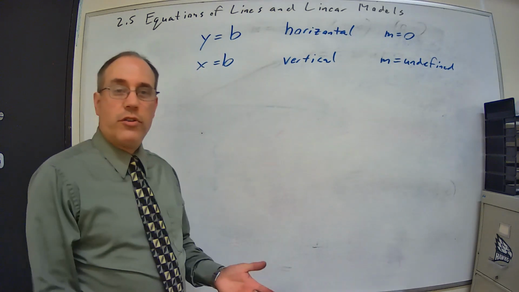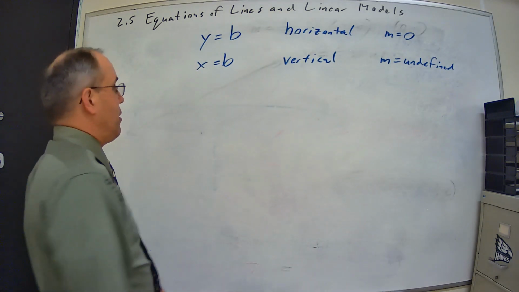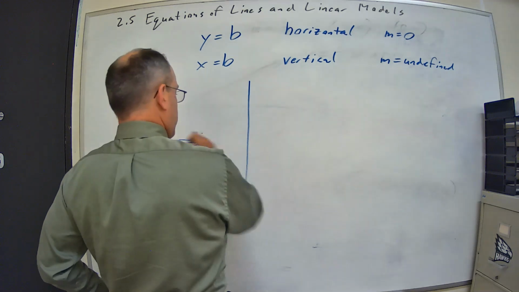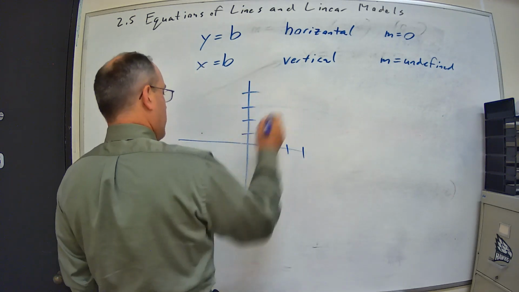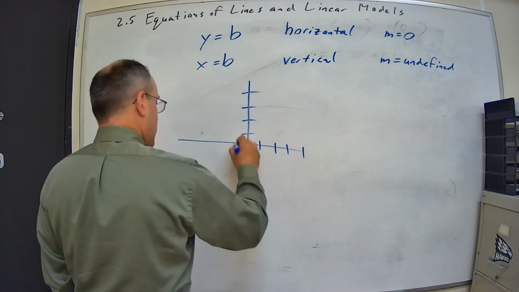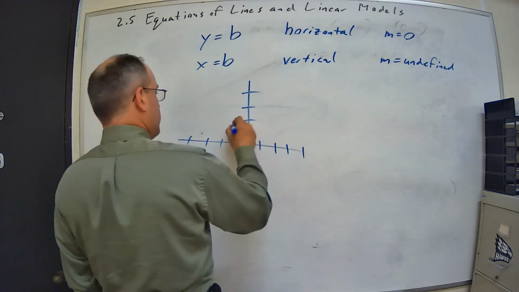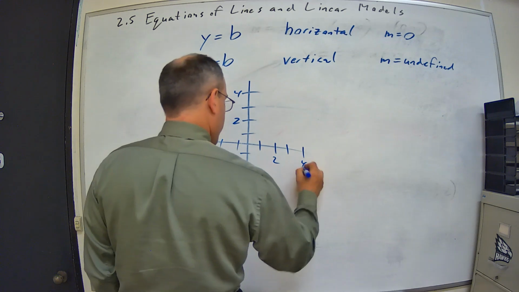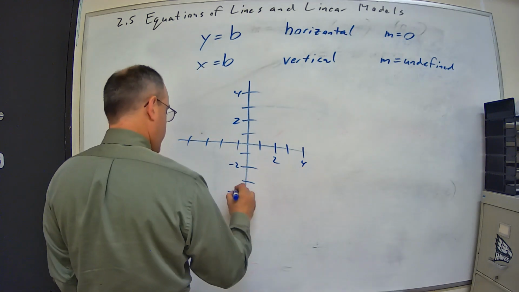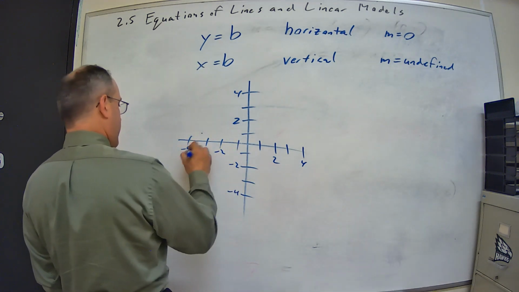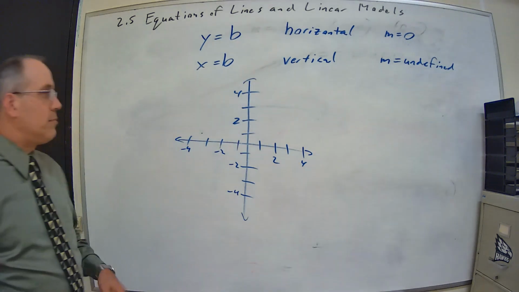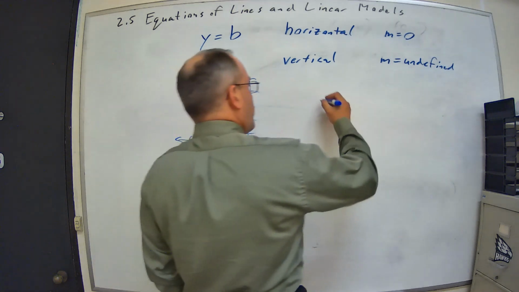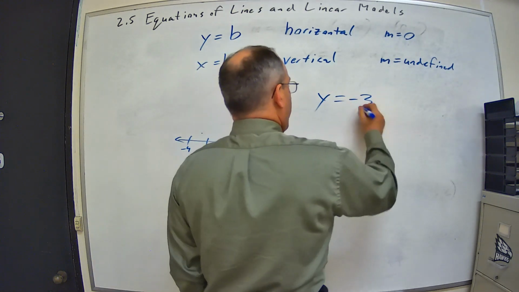So pretty straightforward. So what if I ask you to graph that? Well, put another one of these grids up here. So I get the equation y is equal to -3.